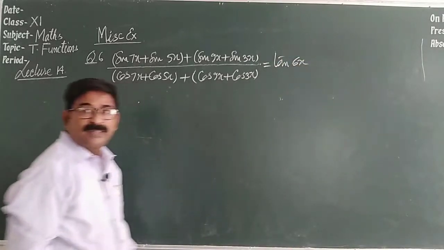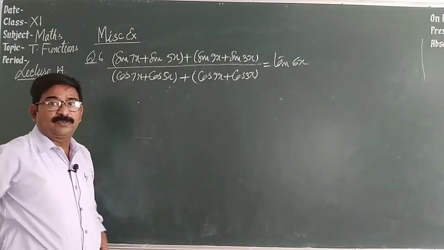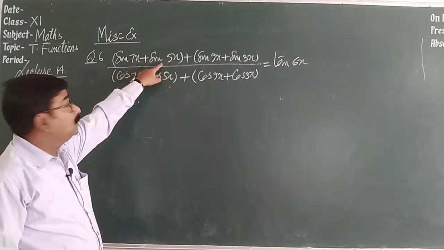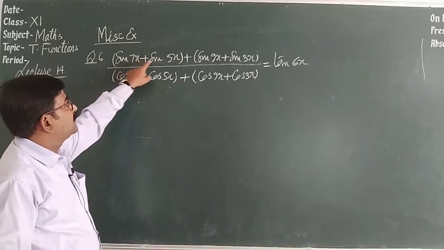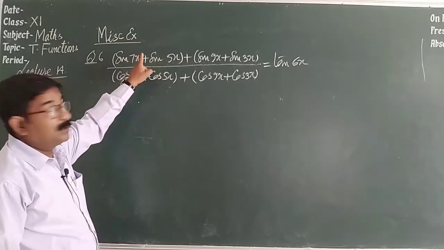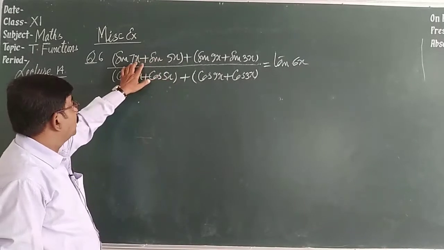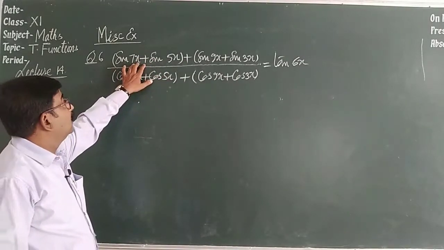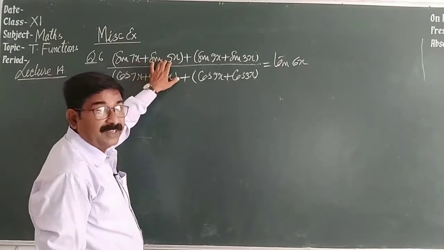Very simple. See what to do. You have to solve this question yourself. Here, sin A plus sin B formula. So 2 sin (7x plus 5x) by 2 cos (7x minus 5x) by 2. So what is the result? We have 2 sin 6x cos x here.